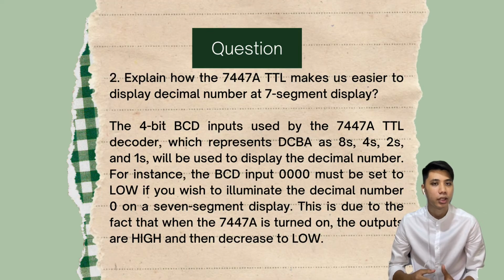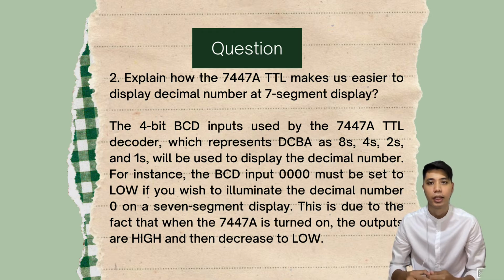Second question is explain how the 7447A TTL makes it easier to display decimal number on the 7 segment display. The answer is the 4-bit BCD input used by the 7447A TTL decoder, which represents D, C, B, A, or 8, 4, 2 and 1, will be used to display the decimal number.